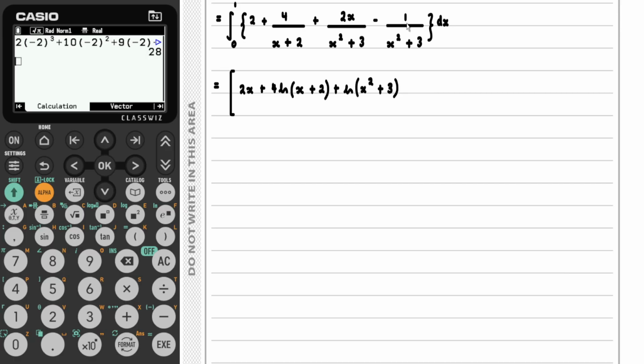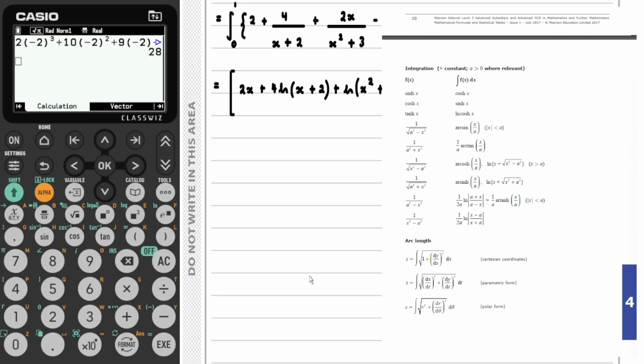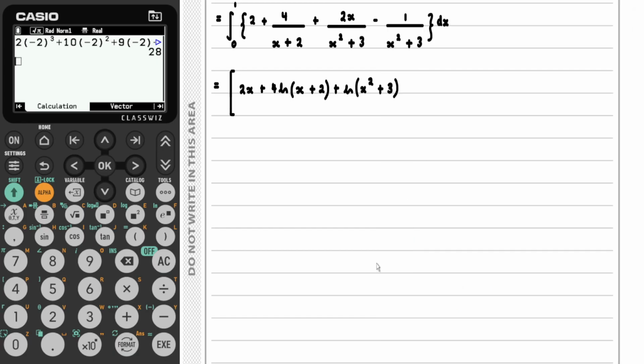And then where we have the negative 1 over x² + 3, you will notice integrating 1 over a² + x² gives us 1 over a times the arctangent of x over a, meaning we'd end up with negative 1 over root 3 times the arctangent of x over root 3. And we wish to evaluate this from 0 to 1.